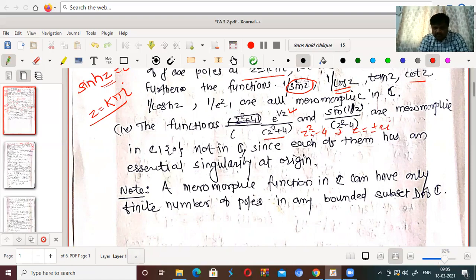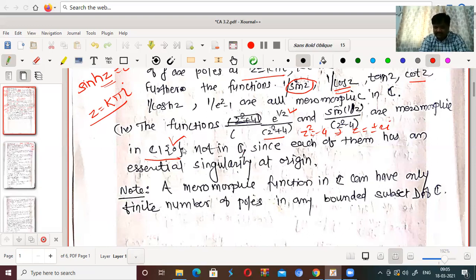Okay, so but now see here, the function e to the power 1 by z upon z square plus 4 is meromorphic in C deleted 0, not in C, because if we consider in C except at z square equal to minus 4, it will not hold. So it is meromorphic in C except 0, not in C.